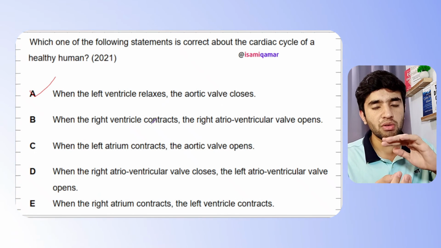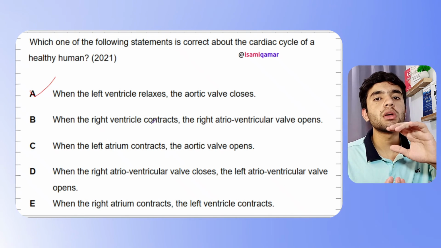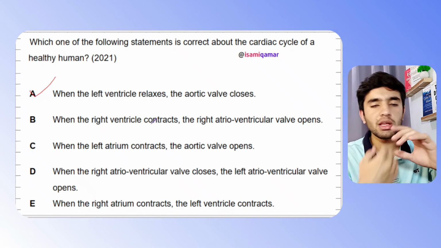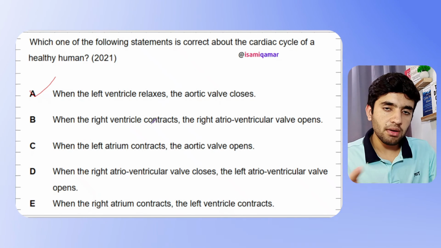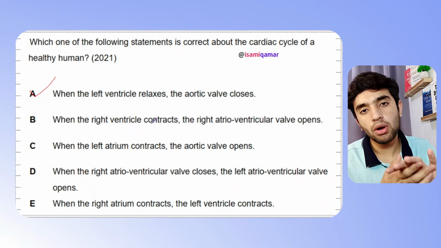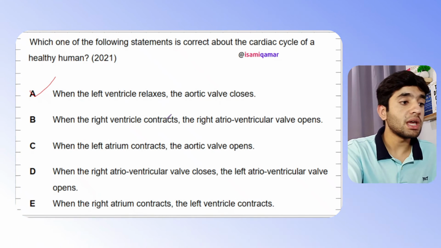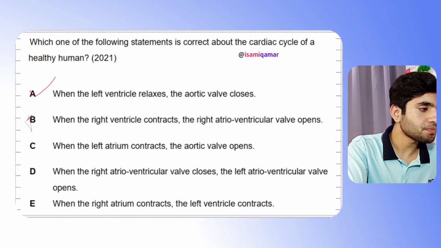The tricuspid valve, the AV valve, must be closed. If it didn't close, that would be a pathology. So the AV valve has to be closed.